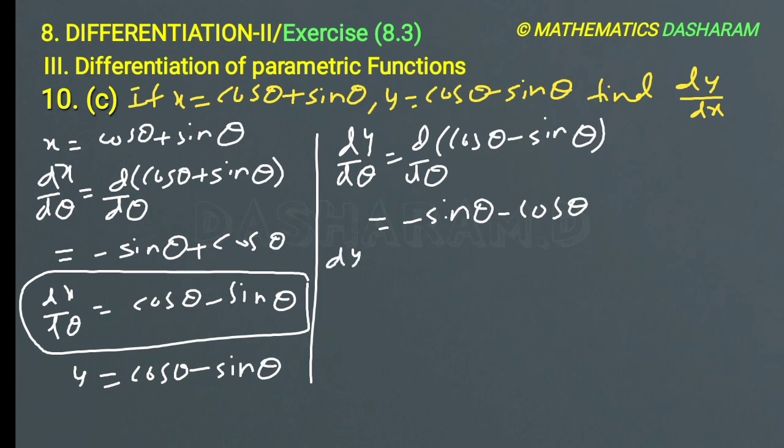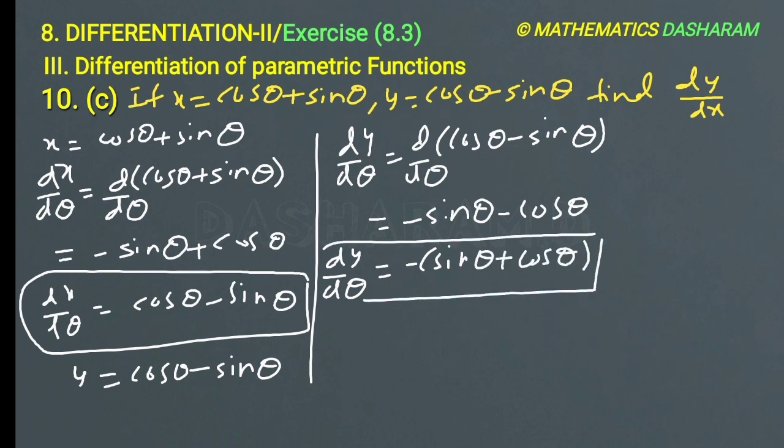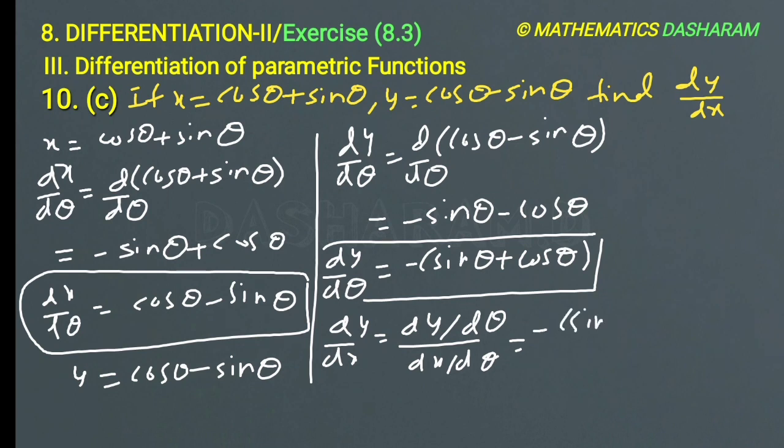So dy by d theta equals, taking the minus common, minus bracket of sin theta plus cos theta. Then our required answer is dy by dx, which equals dy by d theta divided by dx by d theta. dy by d theta is minus bracket of sin theta plus cos theta, whole divided by cos theta minus sin theta.